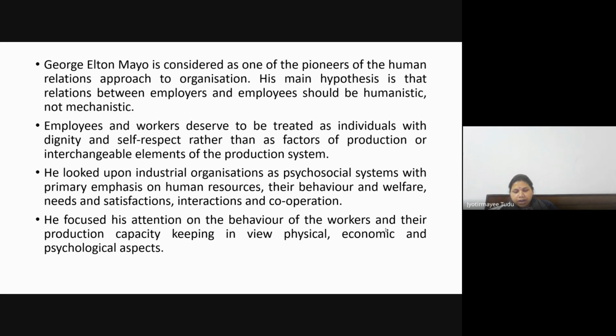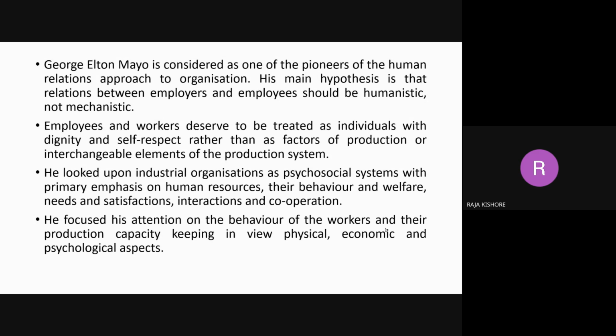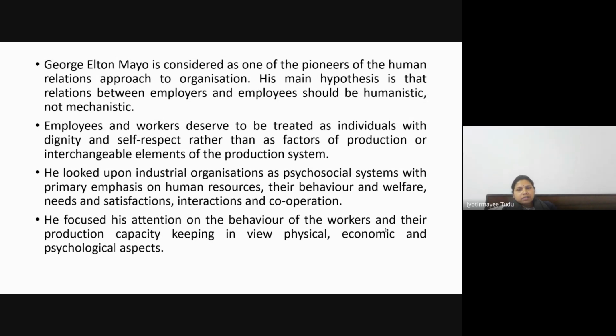But despite such an argument, Elton Mayo was in favor of the idea that human beings, as they are human, need to be treated with dignity and self-respect, rather than merely as factors of production or an element of the production system.